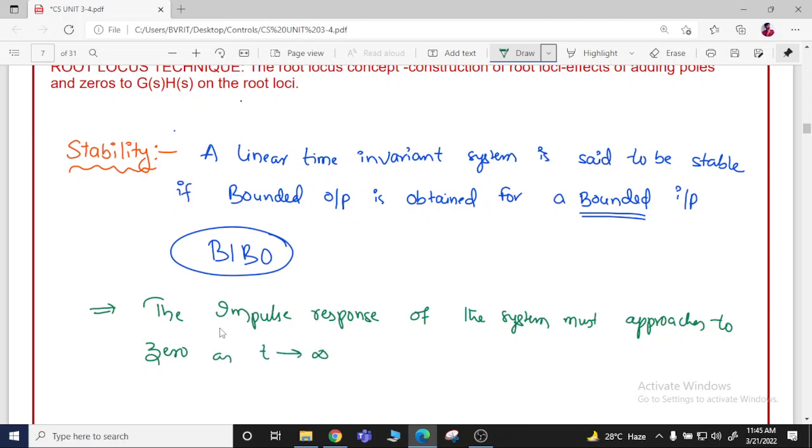That is, as the time on the x-axis reaches infinity, the impulse response of the system must approach 0. Then that system is called a stable system. So these are the two definitions of stable systems.